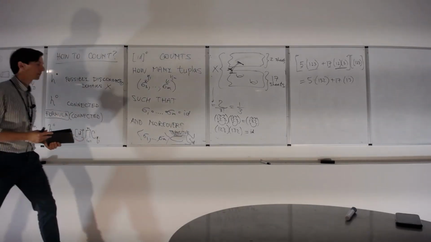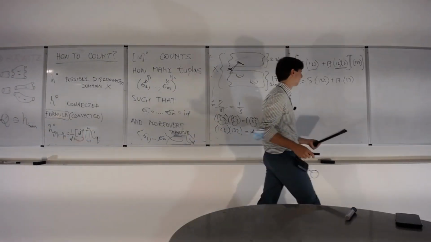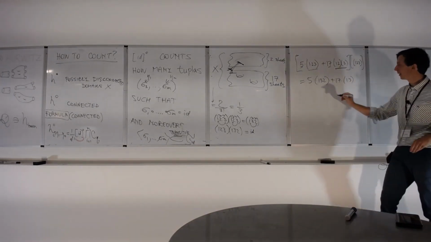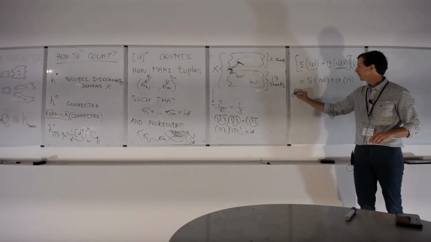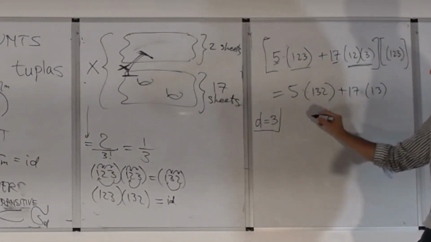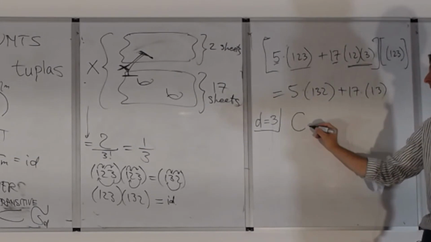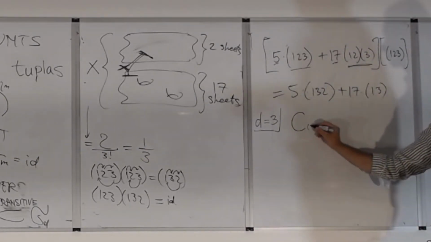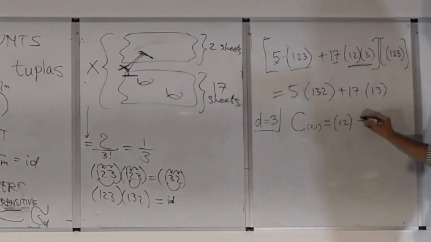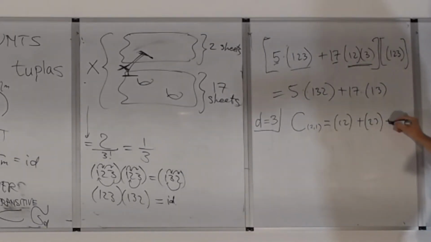So maybe I should make more examples. Say that if d is 3, then C_(2,1) is (1 2) plus (2 3) plus (1 3).